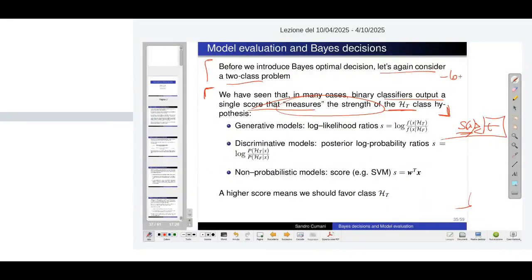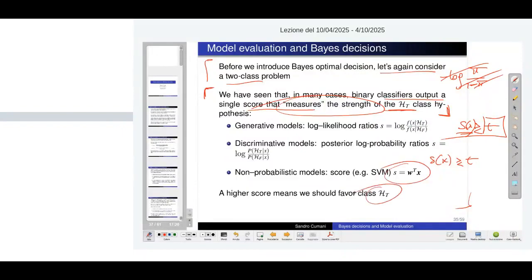Compute a score and compare it with a threshold. For generative problems, I recall that we were using a threshold minus the prior log odds. Why? Because we have seen that this corresponds to making a classification that gives me the class with highest posterior probability. But we will now refine this. In any case, we were always doing this kind of problem: compute a score and then compare it with a threshold.